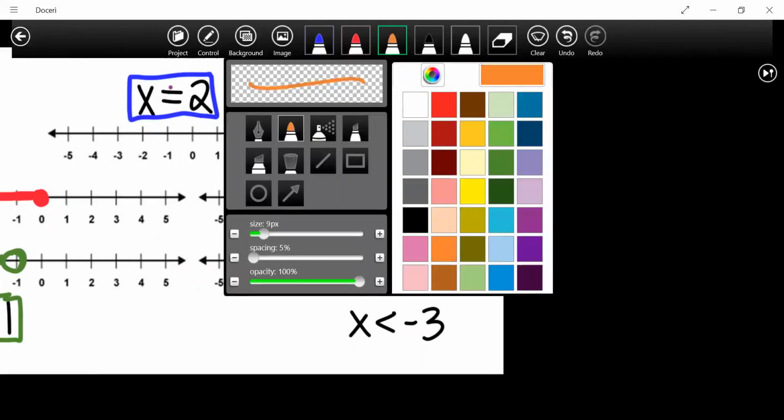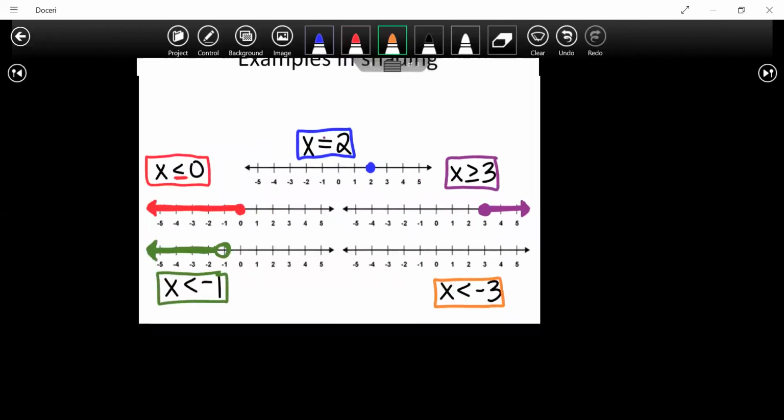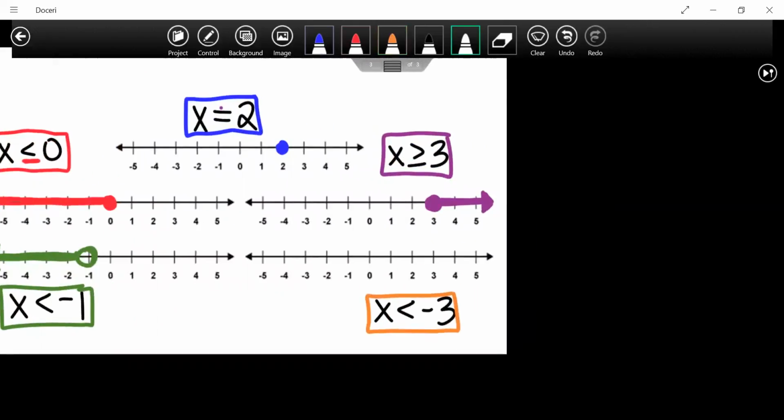And lastly, our less than symbol here. Or sorry, let's change this up to make it greater than, so it follows the same steps. Let's make it go this way, just so we have two of them that go one direction and two that go the other. At -3 will be an open or closed circle? Open. There is no line underneath it, so we don't have to shade it.